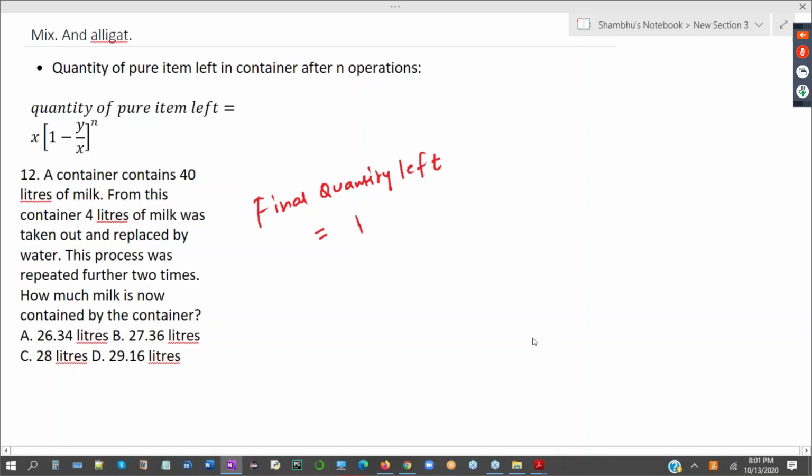Final quantity left is equal to 40 into 1 minus 4 divided by 40, to the power. How many times is this operation done? Can you tell me how many times this thing is done?